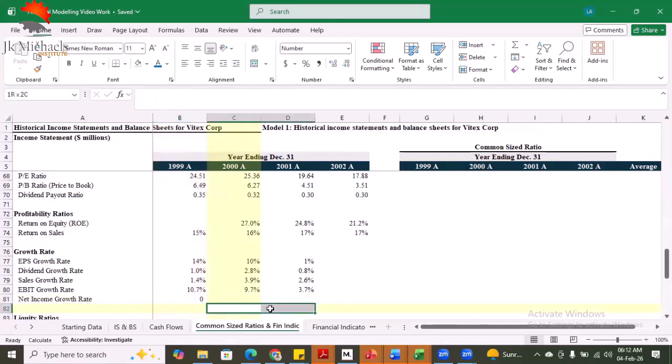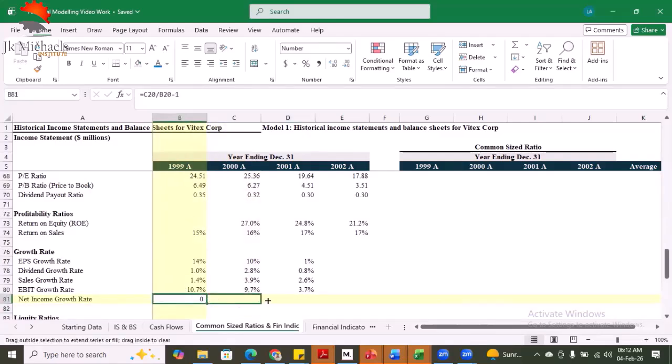When we drag this out, turn this into percentages, then this is the extent to which we grew. Net income grew very high in the 1999 period, reduced in the 2000 period, and in 2001, it's pretty much 0.1 as the rate.